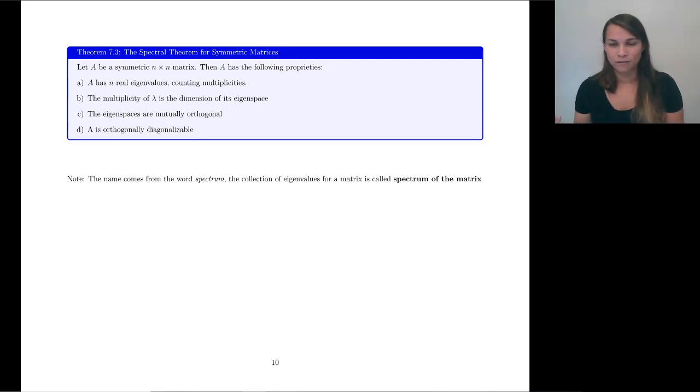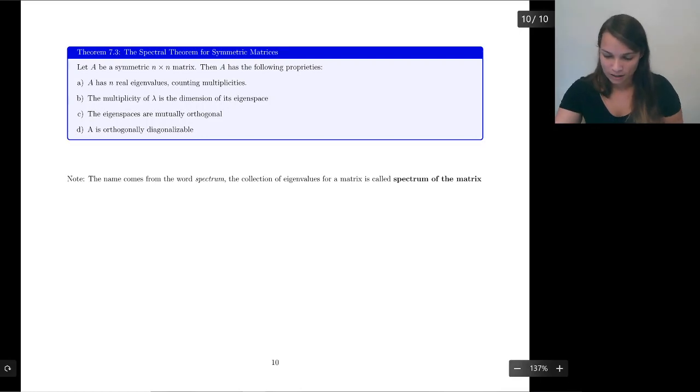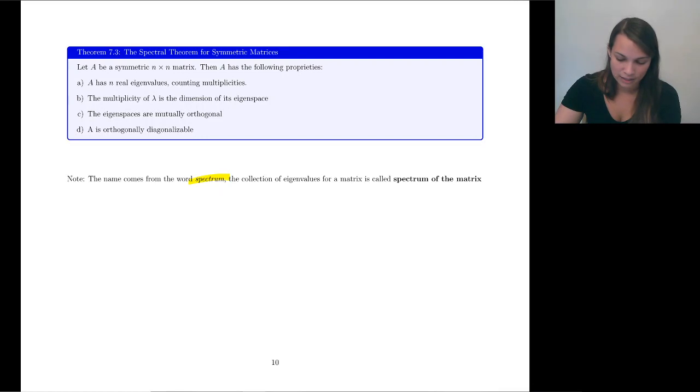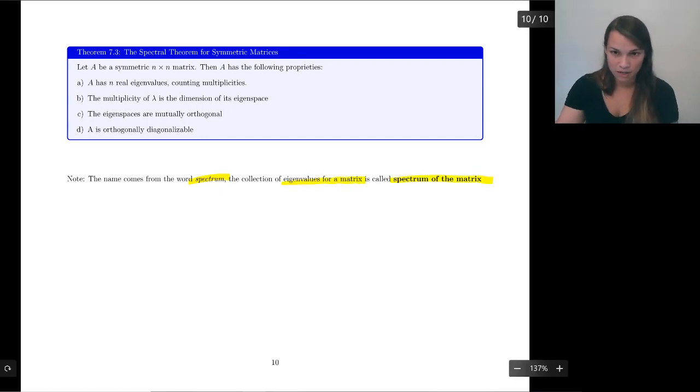Just a note for why it's called the spectral theorem. Sounds so important. It comes from the word spectrum. The collection of eigenvalues for a matrix is called the spectrum of a matrix.